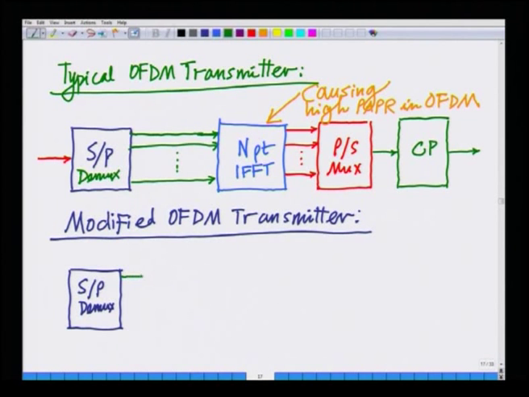Then we perform the N-point FFT here. That is, before performing the IFFT, we perform an N-point FFT. I will explain the logic for this shortly. The rest is the same as before, that is, now we perform the N-point IFFT.